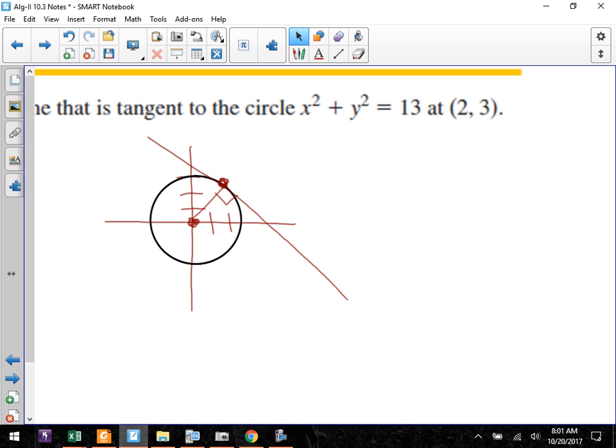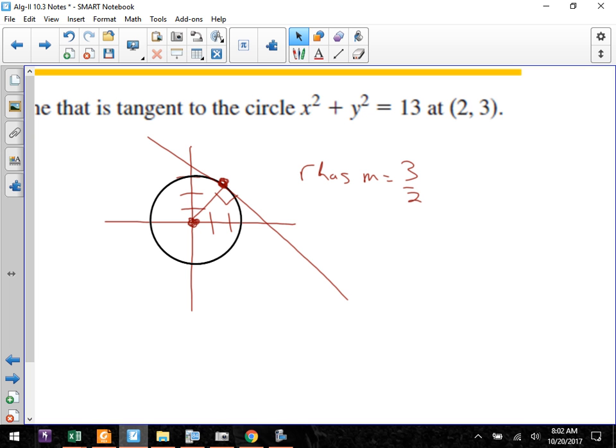It's your rise over run. Since I'm starting at the origin, I had to go up 3 over 2. So the radius has a slope equal to 3 over 2. You all right with that?